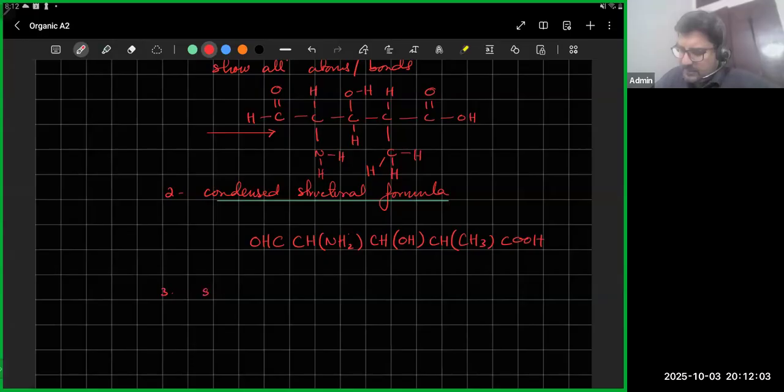The third type is the skeletal formula. You should know what happens in it. No carbon and H atoms are shown, and no CH bonds are shown.